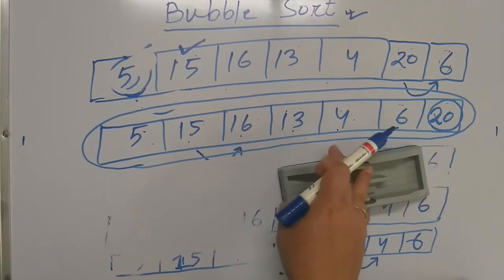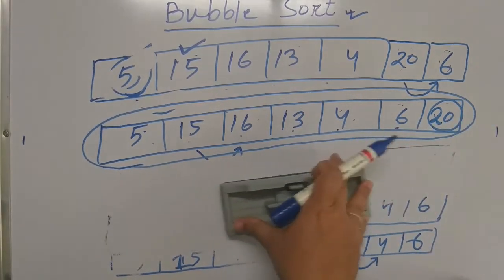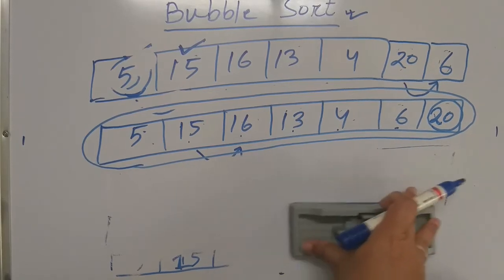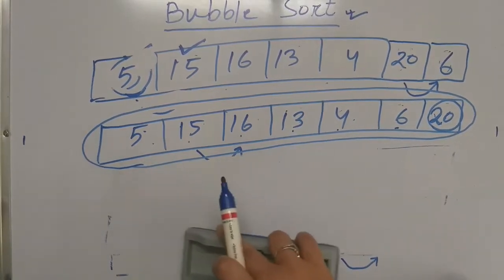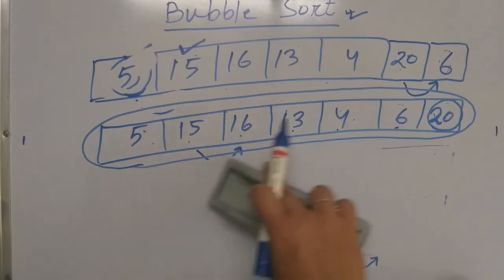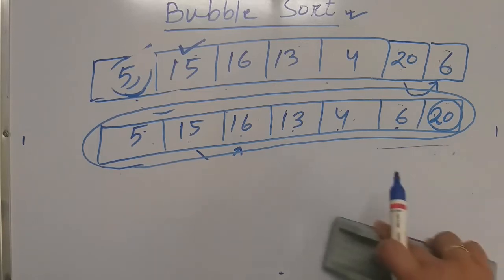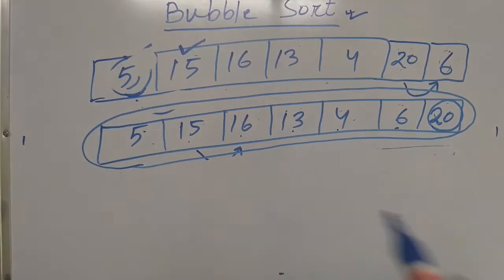How many passes are we doing here? The number of passes is equal to the number of elements in that list. Here there are 7 elements, so we use passes for 7 elements.